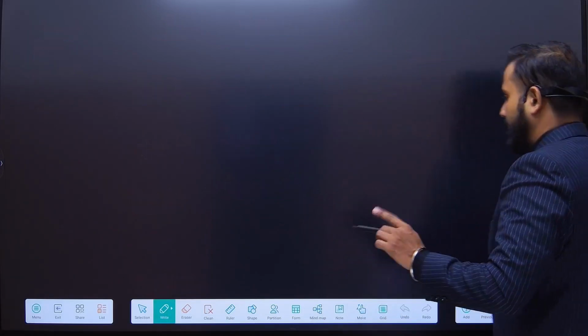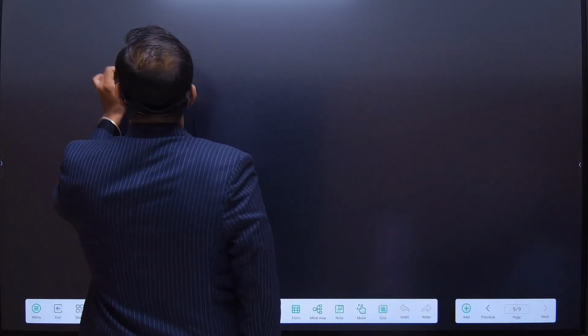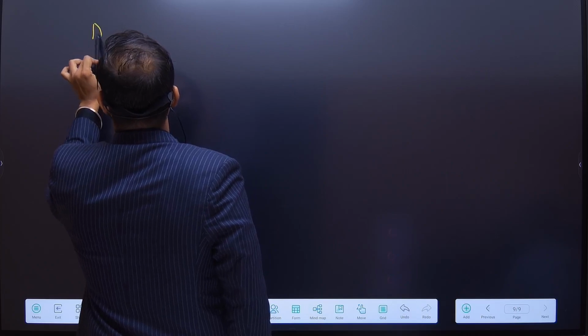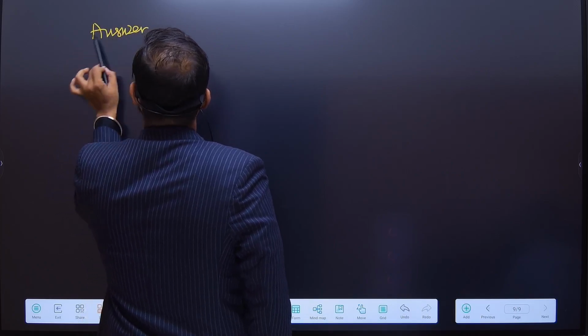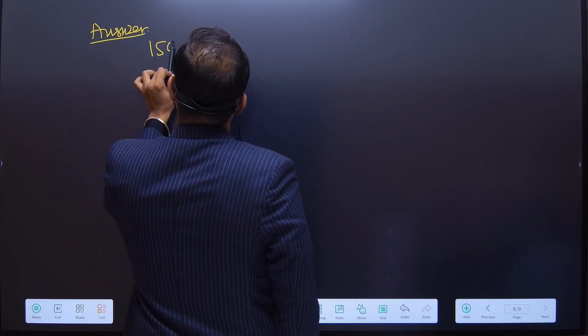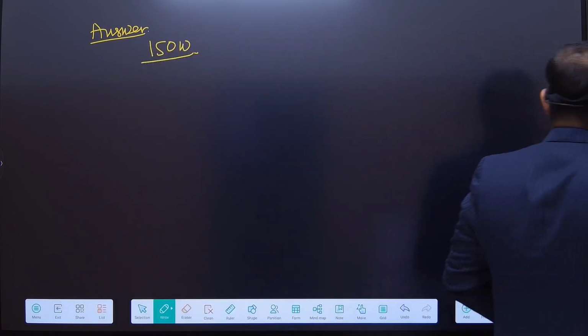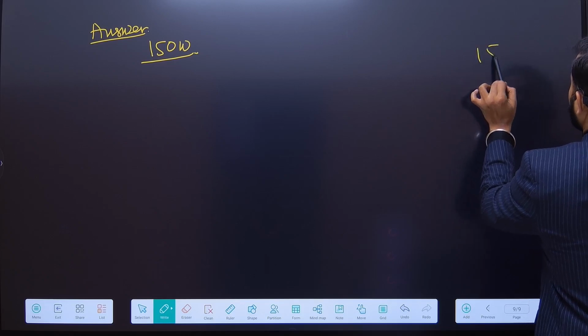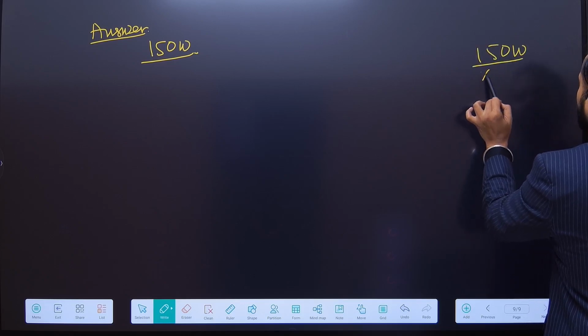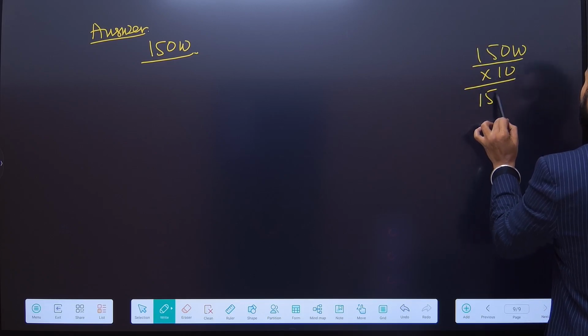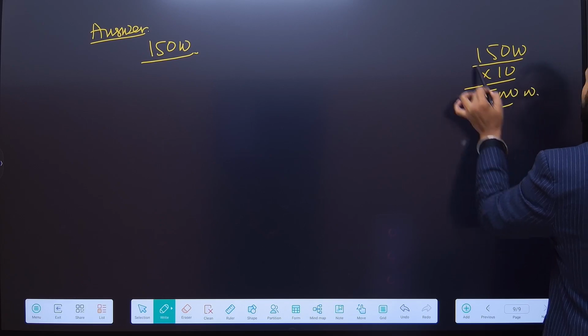Now, basically for answer writing, suppose an answer constitutes 150 words. Accordingly, you calculate. In the examination hall, if you are writing 150 words for 10 questions of that sort, that is 1500 words.